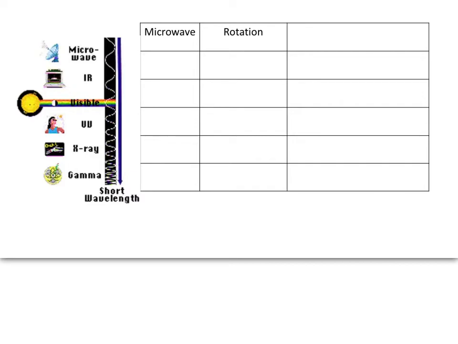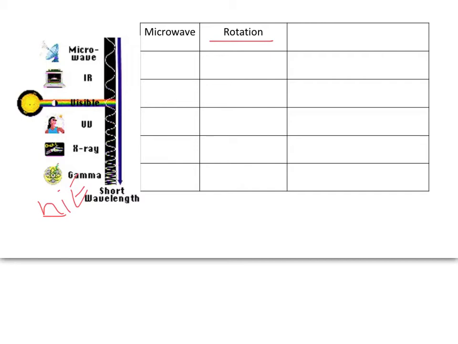So what we want to do is talk about areas of the electromagnetic spectrum, and we're going to go in increasing energy, short wavelength, high energy, and talk about how these can be used analytically to do things that allow us to figure out stuff about matter. So first of all, microwave radiation is capable of causing molecules to rotate.